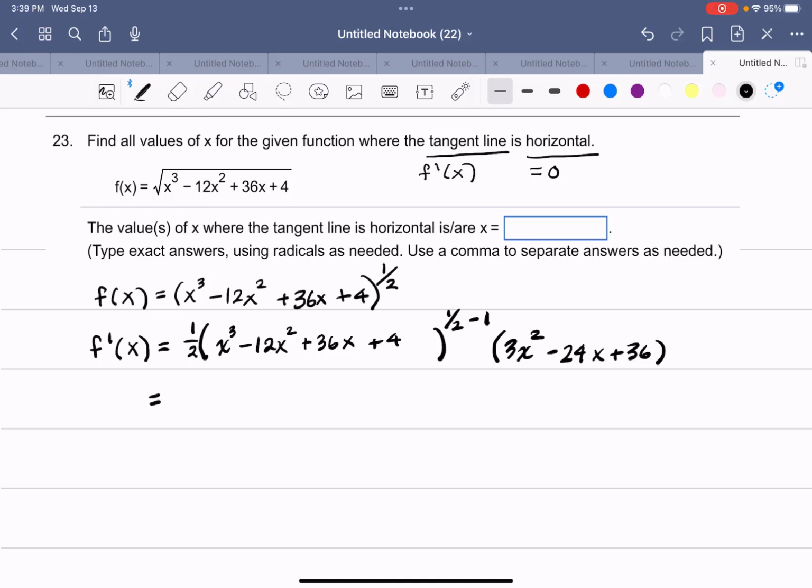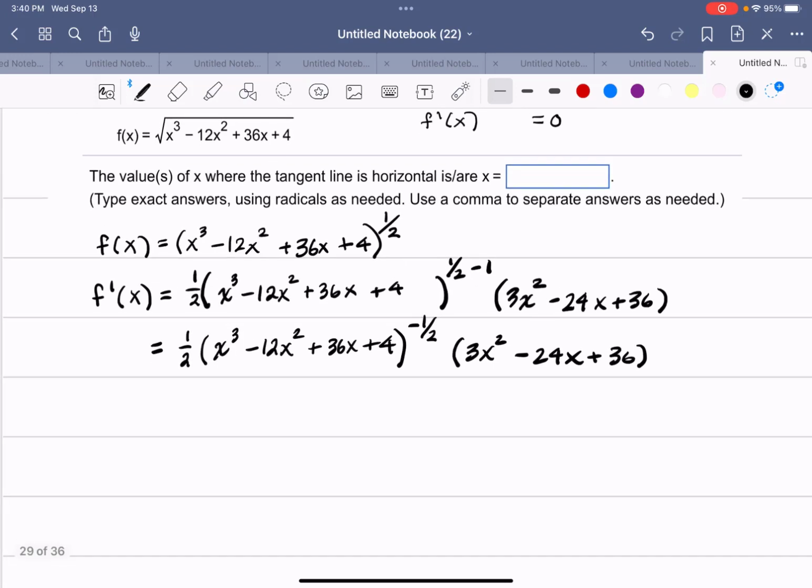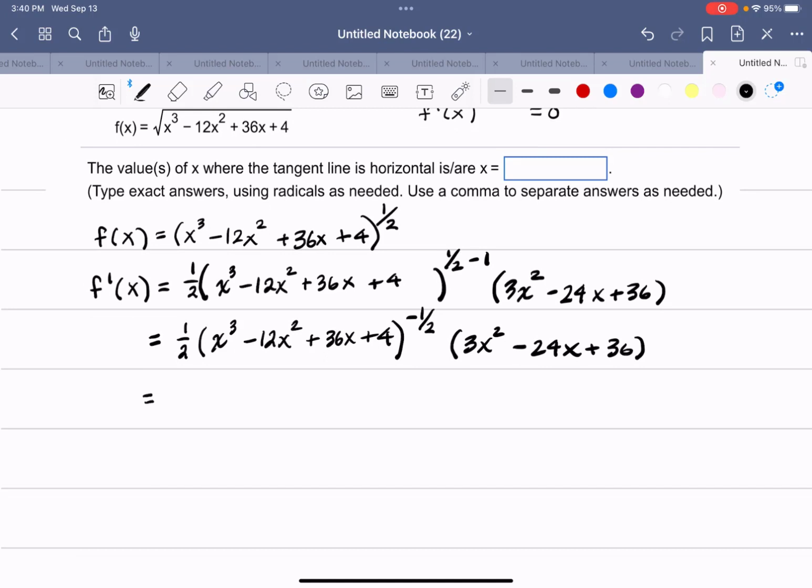The next thing I'll do is go ahead and subtract my 1/2 minus 1. So that exponent for the x cubed minus 12x squared plus 36x plus 4 will become a negative 1/2, and that's still times 3x squared minus 24x plus 36. Last thing I'll do is make a fraction out of this.